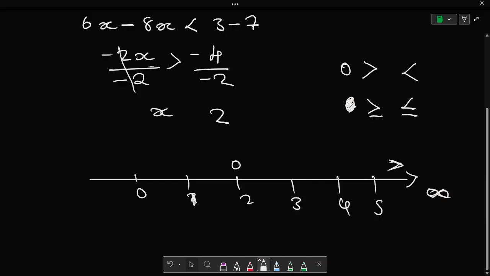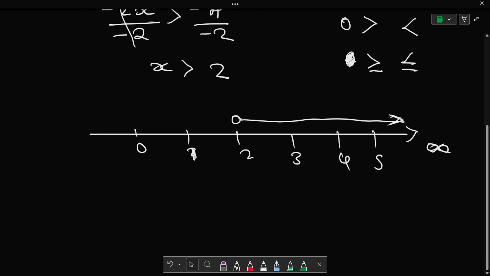So now let's write the solution the way it's supposed to be written. It's supposed to go like this. So that's the answer on the number line. Now how do we write it in interval notation? In interval notation, we know that an open circle represents this type of bracket, and a closed circle, it is this type.